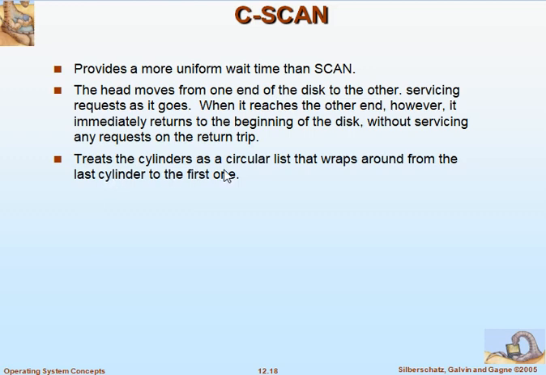It treats the cylinders as a circular list that wraps around from the last cylinder to the first one. So this implementation is something like a circle: once it reaches the end, again it will come to the beginning. That is how C-SCAN implements the scheduling.